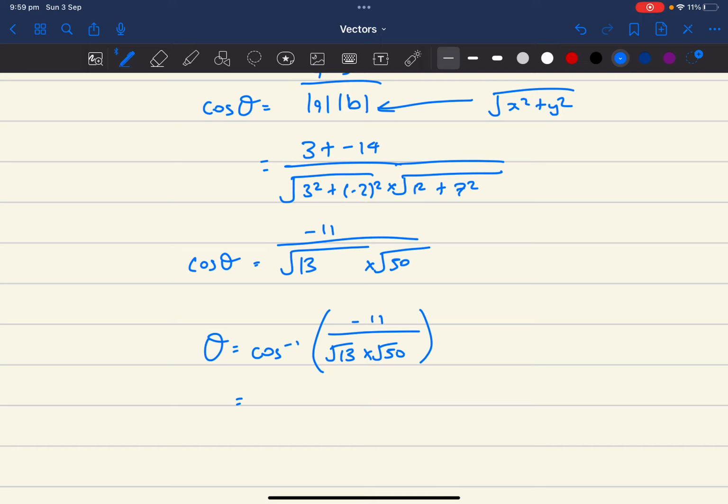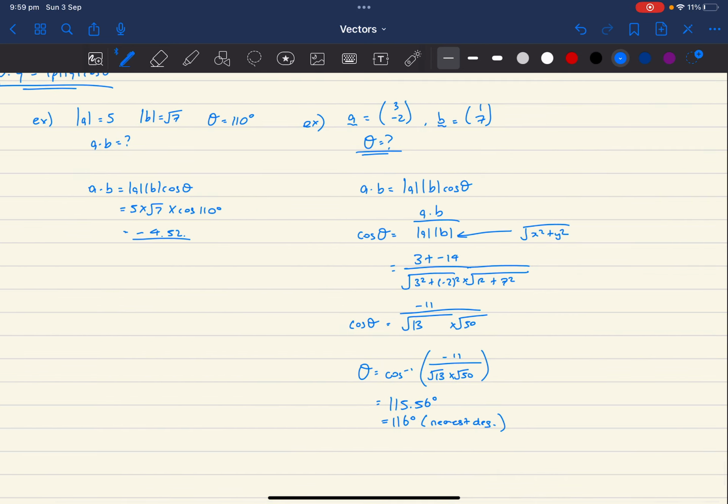So 13 times root 50. Your answer will end up being 115.56 degrees. So we can just round it to 106 degrees, nearest degree. And that's how you do something like this.